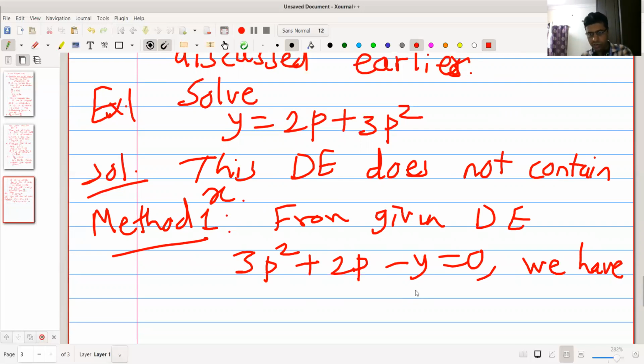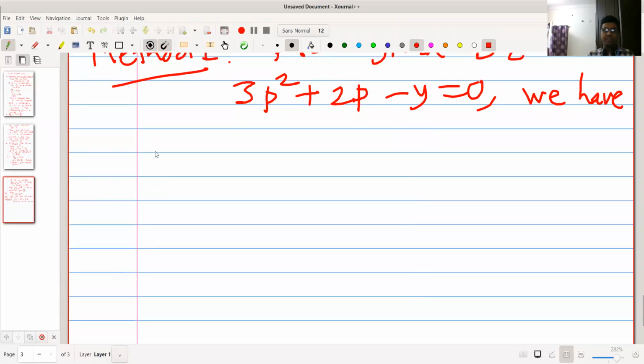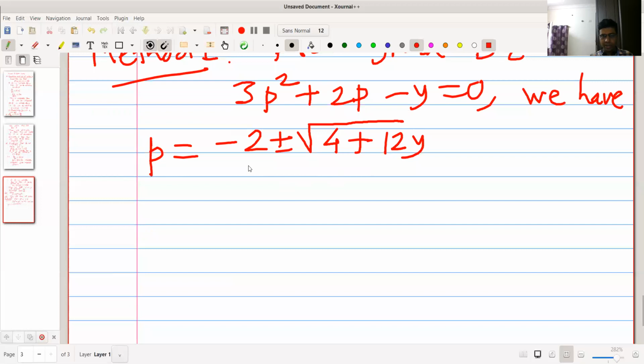So we have roots of the quadratic equation p equal to minus 2 plus minus square root of 2 square, that is 4, minus 4 times 3 into minus y, so plus 12y, divided by 2 into 3.